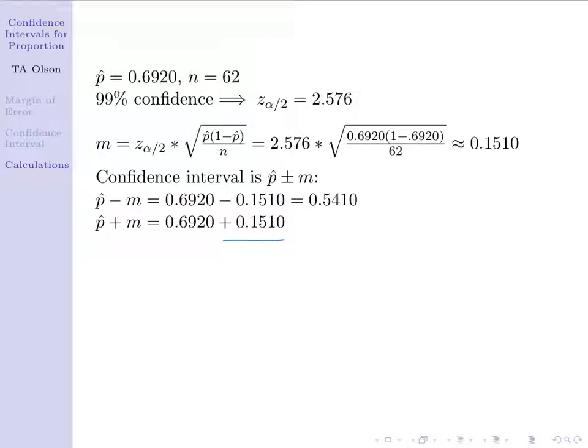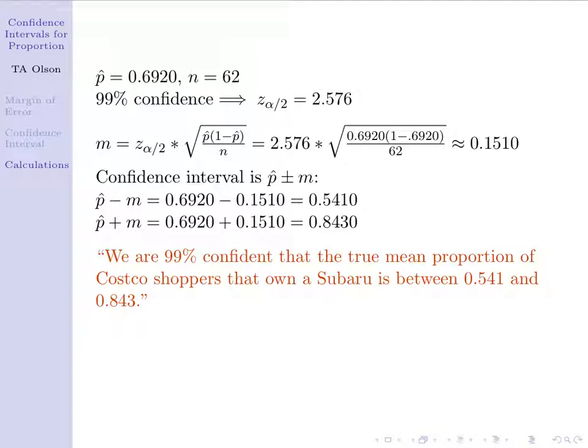This comes out to be 0.8430. So the statement we want to make is the following. Right, we are 99% confident that the true mean proportion of Costco shoppers that own Subaru is between 0.541 and 0.843.